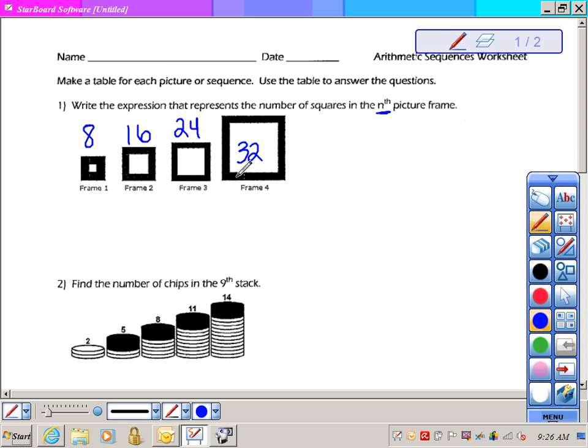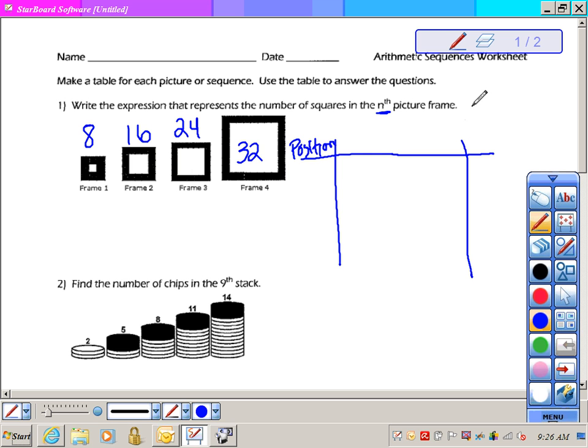So this is how we figure out the shortcut. Instead of drawing out more frames, we're going to create a table with a big part in the middle. There's going to be 3 parts to our table. On the left, where we normally put X, I want you to write position, or you could write frame number or whatever.